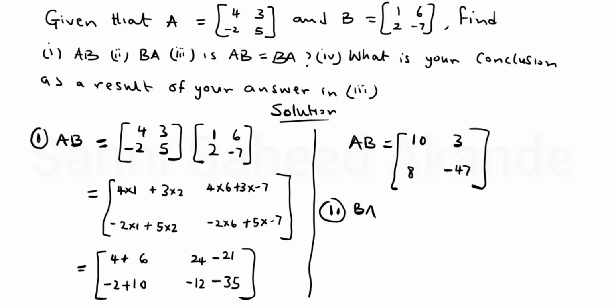So B times A will be equal to 1, 6, 2, minus 7, then multiply by 4, 3, minus 2 and 5. So let's multiply this together. Well, because of space, let me go to the next page and do that.